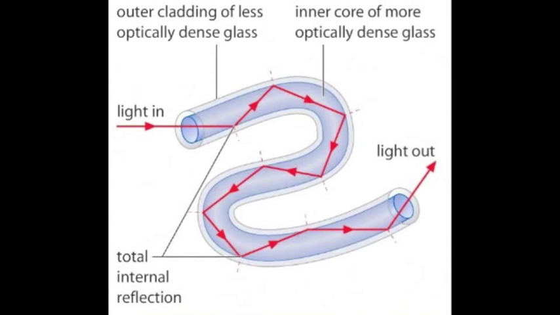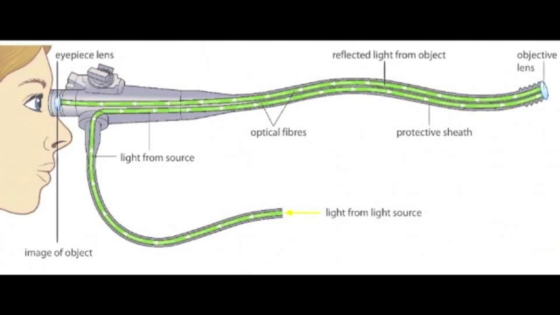This ensures that light entering one end will travel all the way to the other end without leaving the edges of the fiber by refraction. At the end of the endoscope, the light is reflected off a surface inside the body. It then travels back through the glass fiber, each time being reflected from the boundary with the low-density glass.